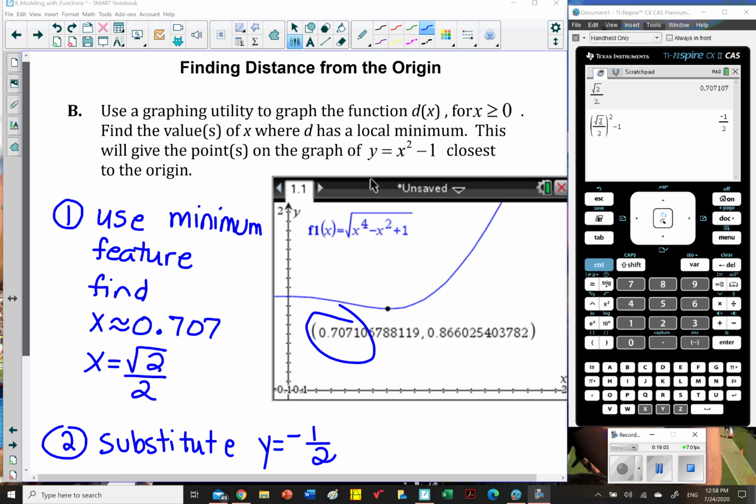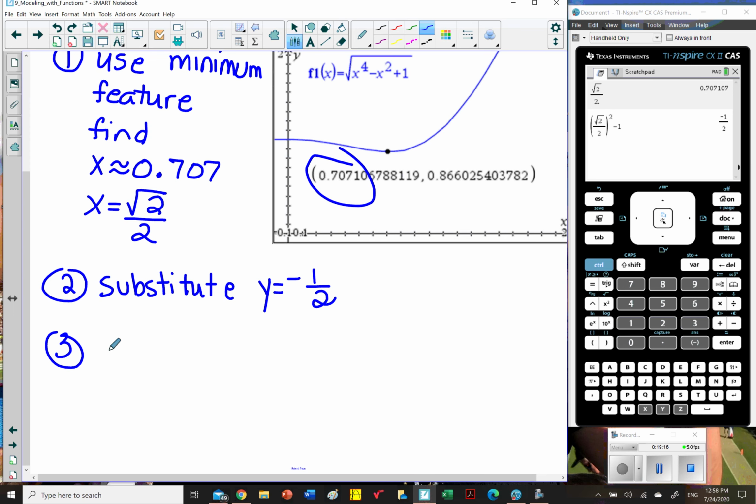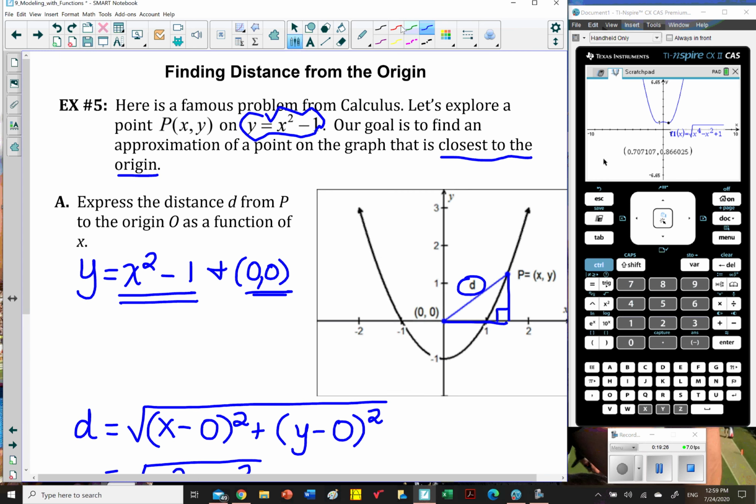Got to substitute this into x squared minus 1. So square root of 2 over 2, squared, minus 1 gives us negative 1/2. And then I can know this. So looking at that picture again, see how there's two places, one over here and one over here? That would be minimum. And if I go back to this graph, you can think about it. This point is going to be reflected across here. That would also be a second distance that's minimized. Our x would be negative and y would be the same, right?